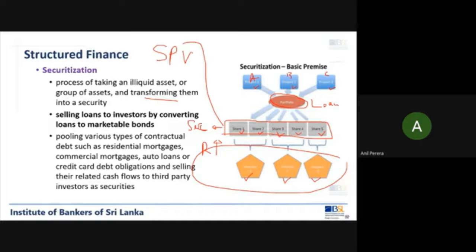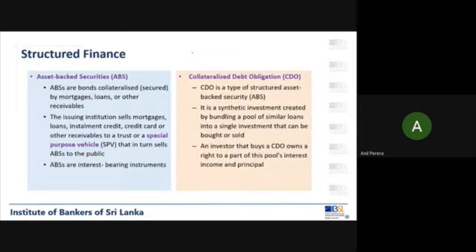Those are some complex things, but at least you should have some basic idea what securitization is. The process of taking illiquid or risky assets from your balance sheet, from your entity, and transforming them into a new instrument. I told you we have some examples: asset-backed securities, collateralized debt obligations.